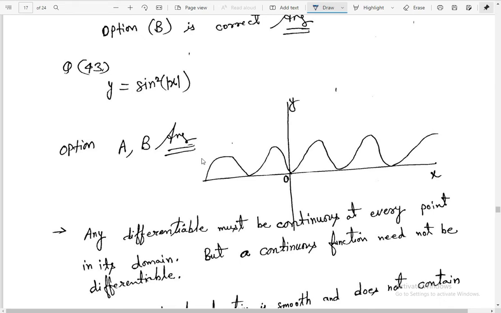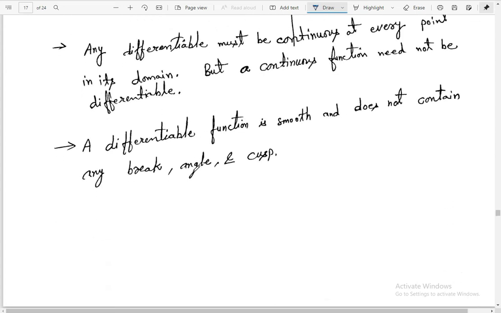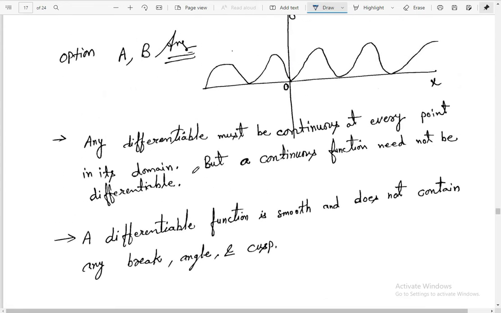Some important points are: any differentiable function must be continuous at every point in its domain, but a continuous function need not be differentiable. It means if at any point it is differentiable, then it must be continuous. But a continuous function need not be differentiable.